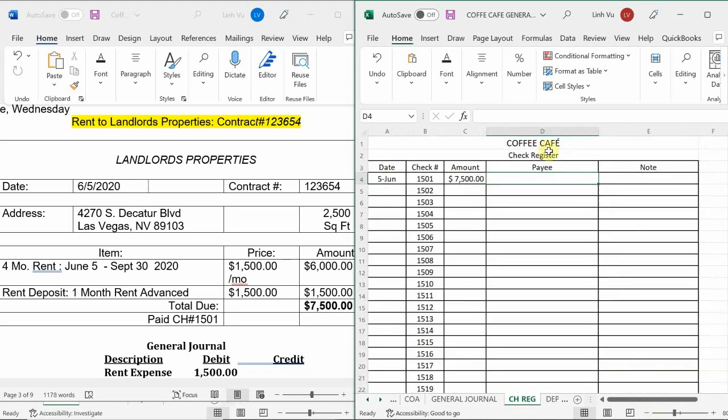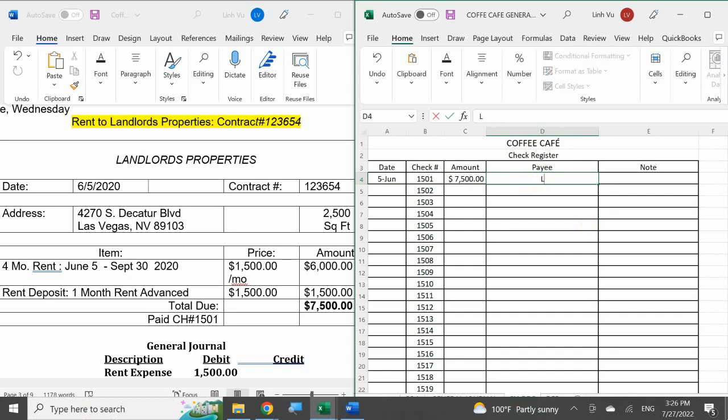We wrote it out to Landlord Properties. Okay. And why did I write it out? There you go. You can make your note, because in a real check register that you normally get from the bank, there's a top slip that allows you to record all that. That's considered a check register. So in this case, why did you write that check? You could say for rent. Okay.